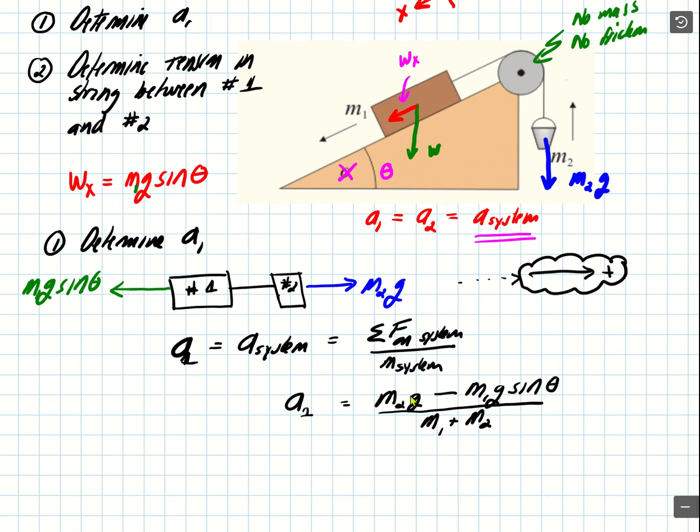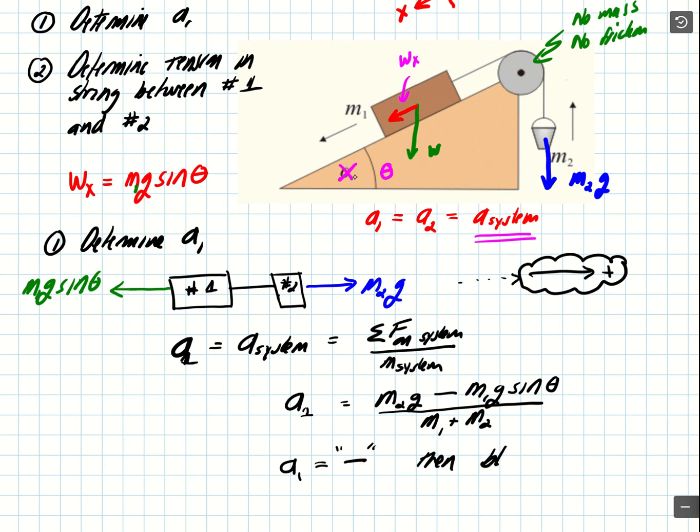Okay, so, but it's possible, if 2 was bigger and 1 was smaller, it's possible that this, the gravity force on the bucket, could be greater than the x component of the gravity force on the block. So if this were to become a positive number, this minus this is positive, then it's going to go this way.